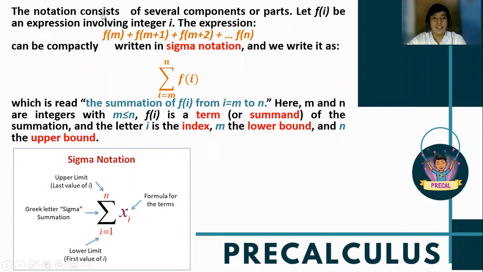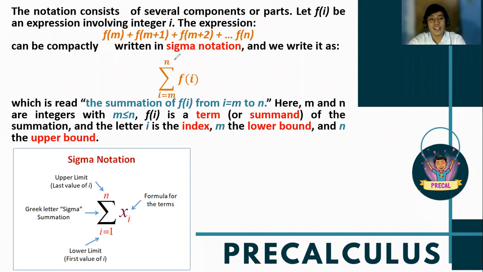So if the given series consists of several components or parts, then let that function be an expression involving an integer I. Usually we represent I as our integer. The sigma notation is represented by this symbol. We have the summation of f of I from I is equal to m to n.